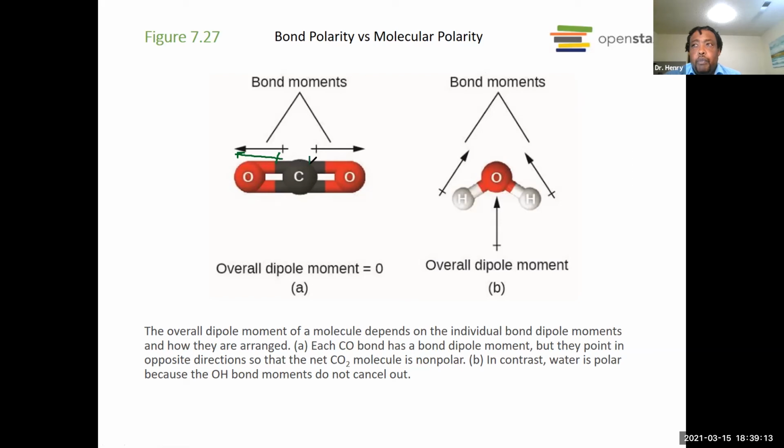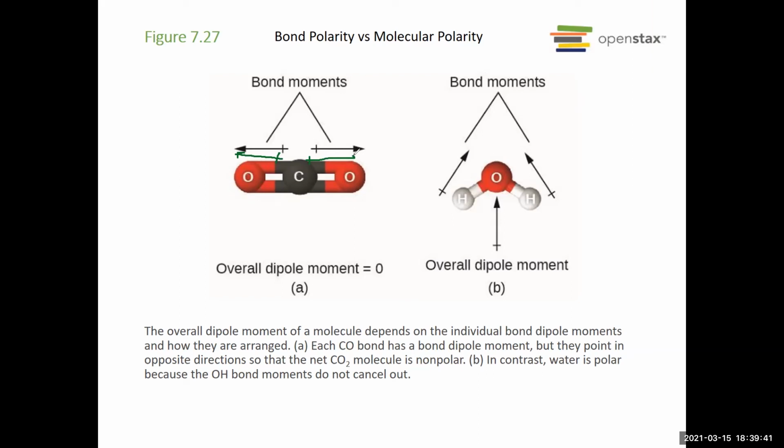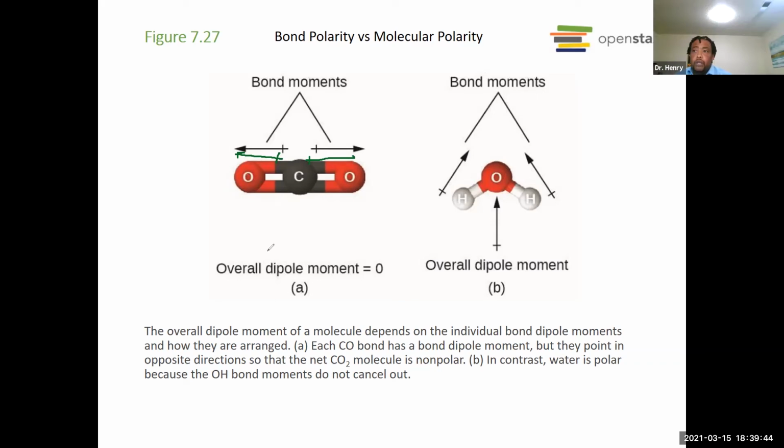But we have an oxygen on both sides, so you're going to be pulling evenly on both sides. If I'm sitting in a chair and I had twins on both sides of me that were the same strength, is either of them going to pull me more than the other? Or am I just going to sit here in the middle between the two? Stay in the middle. So in that case, there'll be no overall dipole moment. This has no polarity associated with it, so it's considered to be non-polar.